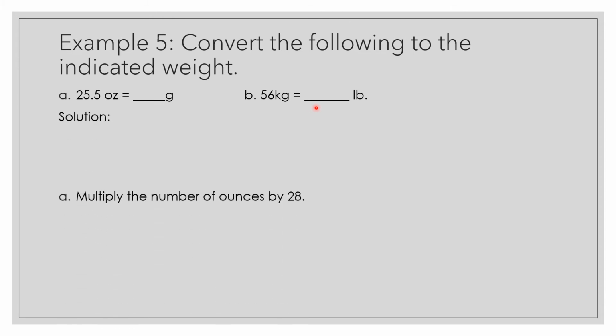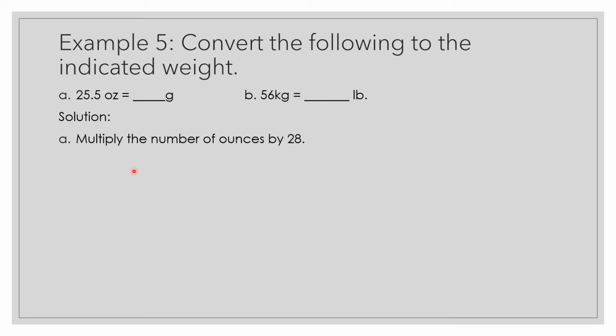For our solution, multiply the number of ounces by 28 to get the grams. So 25.5 times 28 is equal to 714. That means the answer is 714 grams.